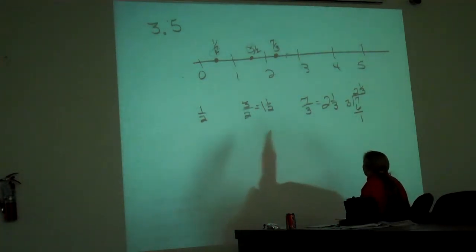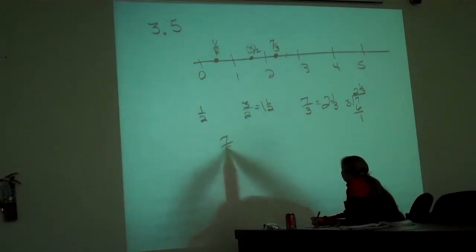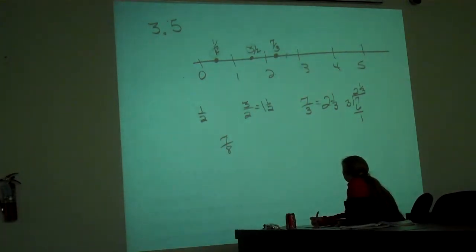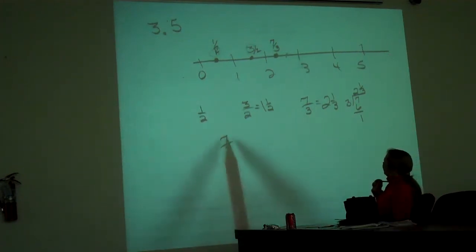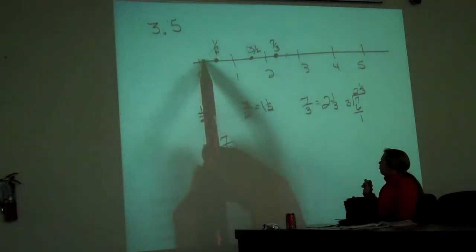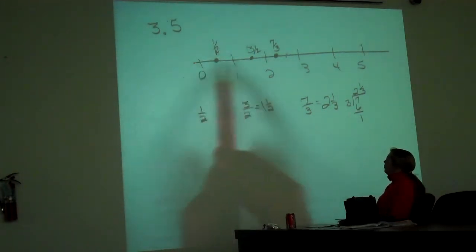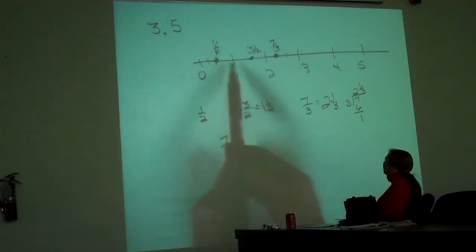How about 7/8? Where would that be? That's less than 1, close to the 1. 8/8 is 1. You'd have to picture it as being divided into 8 right here, or you could actually divide it into 8 if you want.